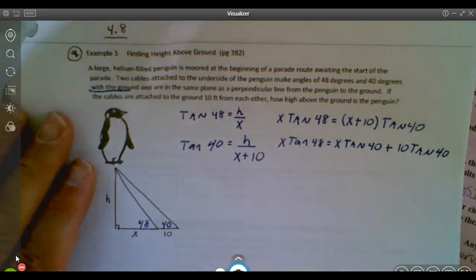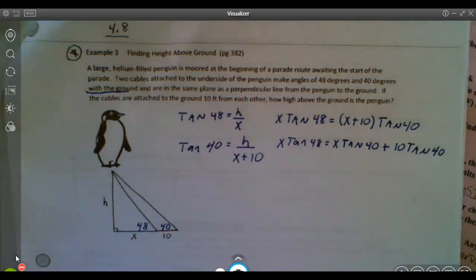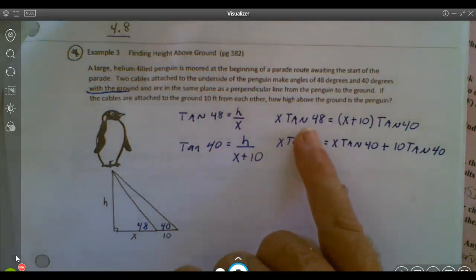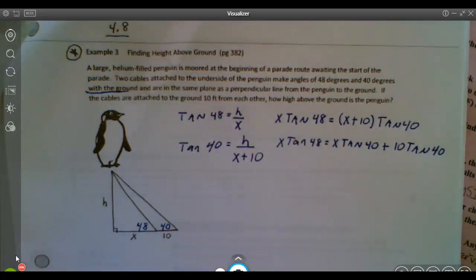And realistically, angles like 48 and 40 are not angles that we would deal with without a calculator, right? Those aren't like 30, 60, 90 or 45, 45, 90, none of that stuff. Since those are numbers that would really require a calculator, at any time you could convert these into decimals if you felt like that was easier for you to do.